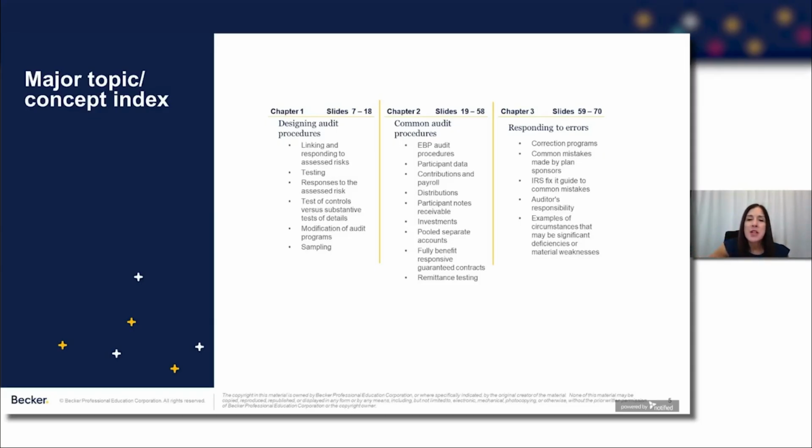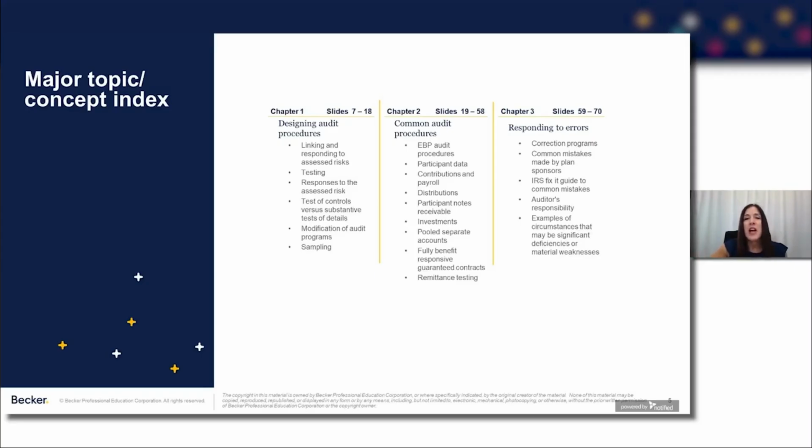And the reason I mention that is because when we identify errors and mistakes in an EBP audit, those errors and mistakes have to be corrected, because when those errors or mistakes impact the participants and/or their accounts, those have to be corrected by the plan sponsor. There is no materiality from that perspective in an EBP audit.